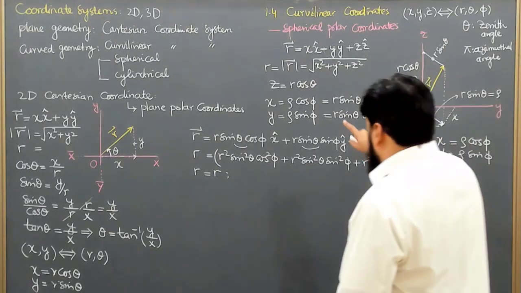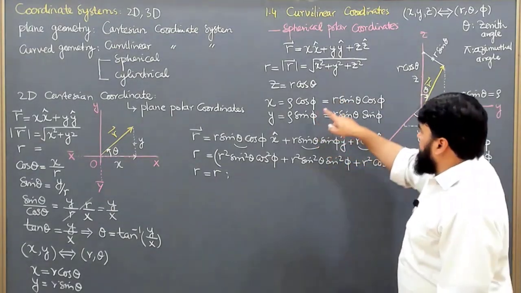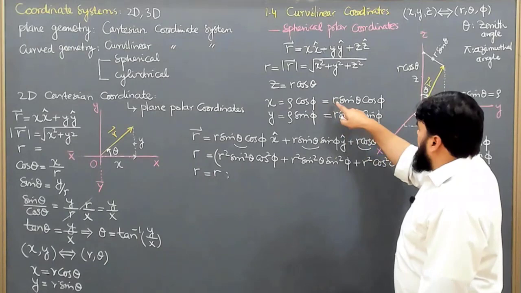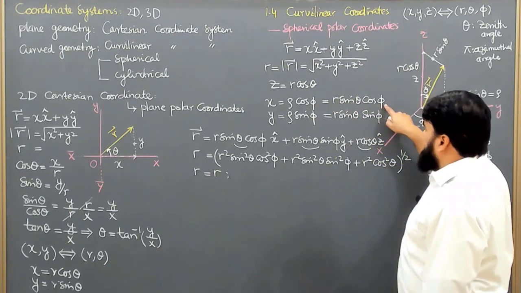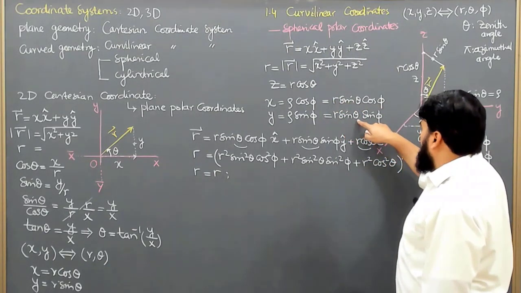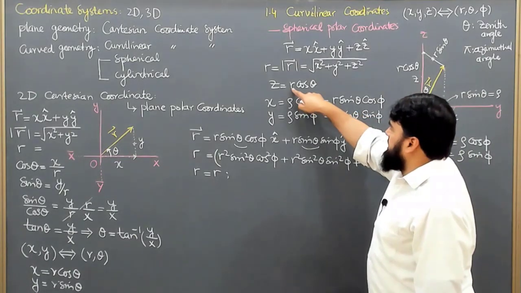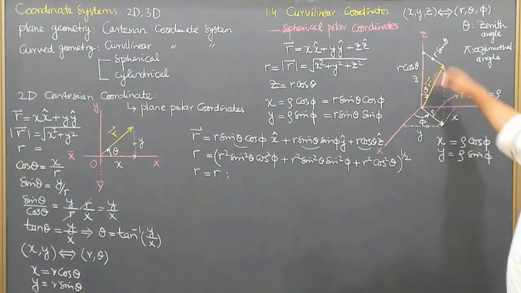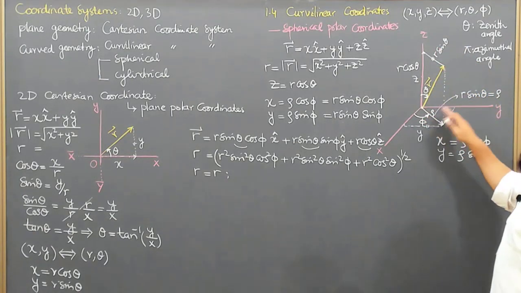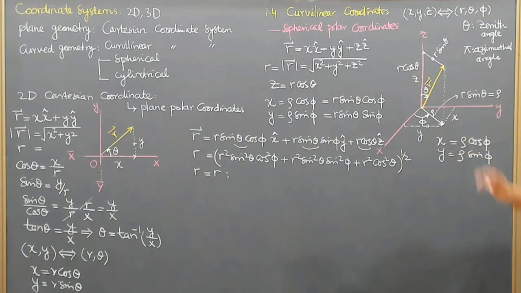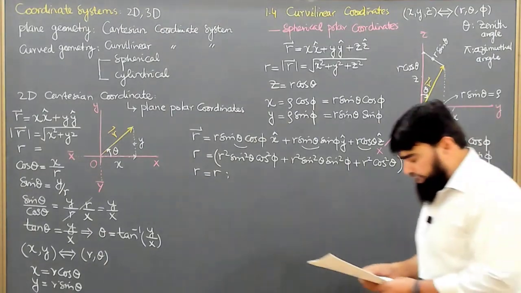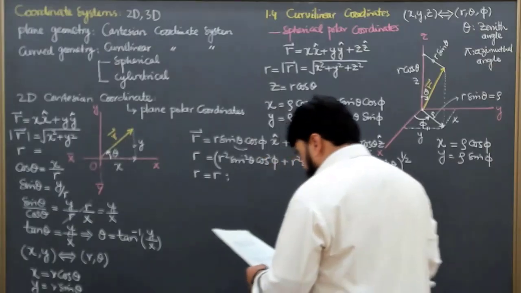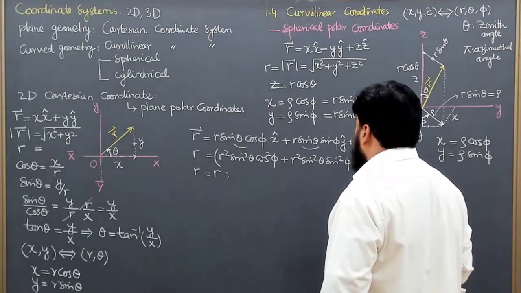So this is evident from here: x in terms of r, theta and phi, y in terms of r, theta and phi, and z in terms of r and theta. Z is a perpendicular axis to it, so it is having nothing to do with the plane of x and y. So we have converted it into this.